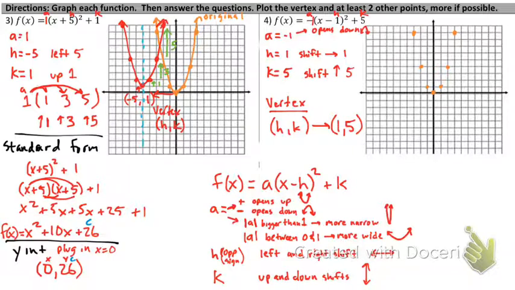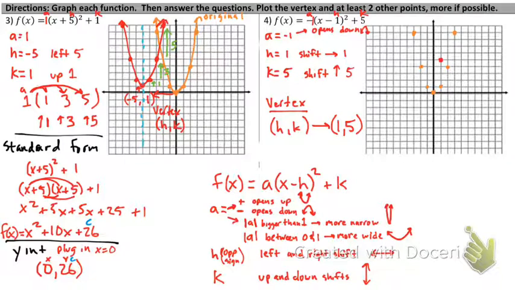I got that from h and k. Let's plot that: over 1, up 5. 1, 2, 3, 4, 5. Here's my new vertex. I did a shift over 1, and then up 5, just like I said I would.